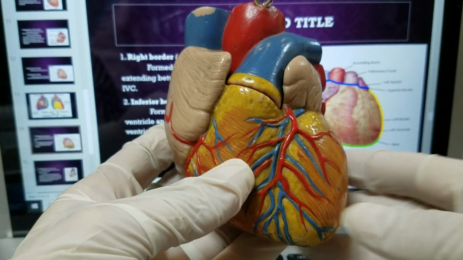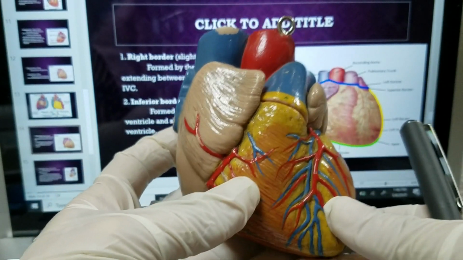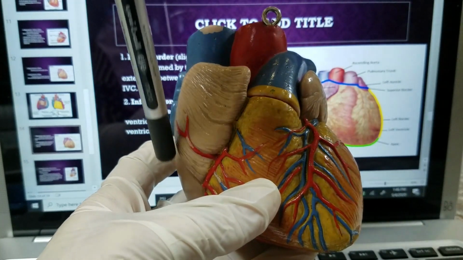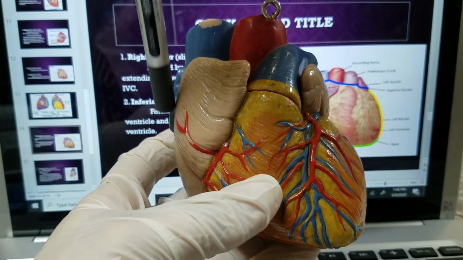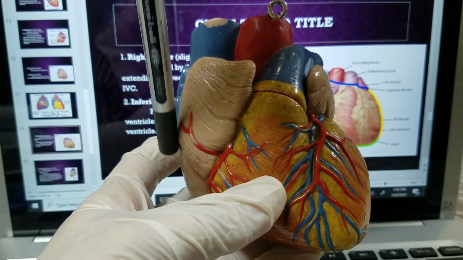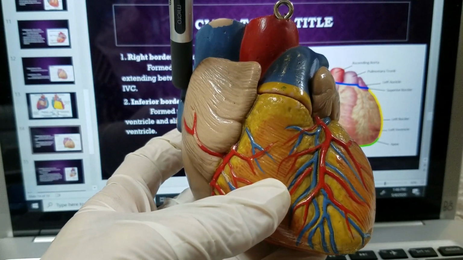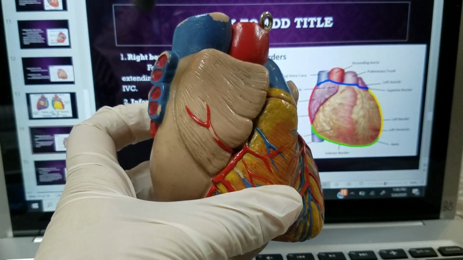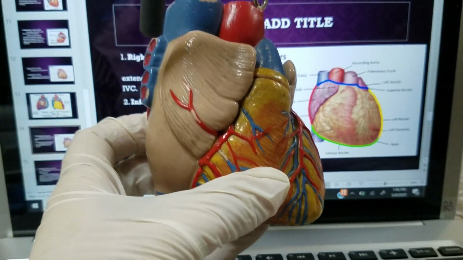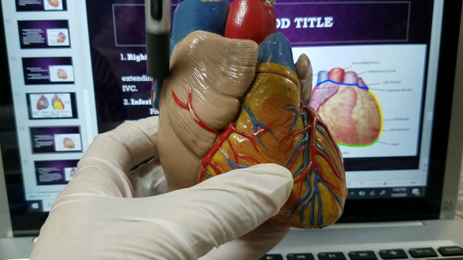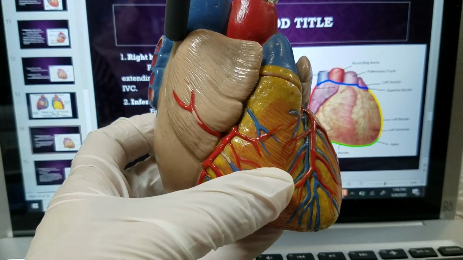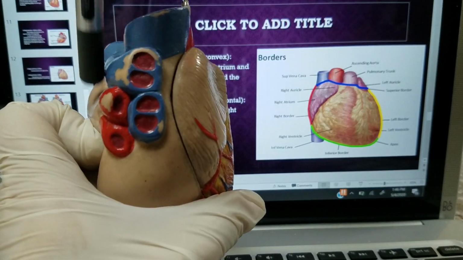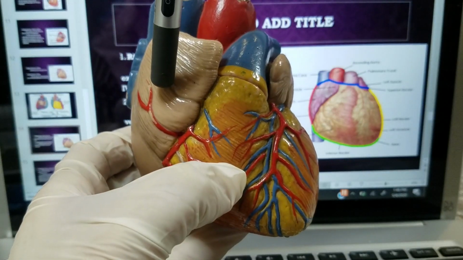Now for the borders of the heart, this is the anterior surface. If we look at this part here, this is the right border of the heart. It is slightly convex, formed mainly by the right atrium, and extends between the superior and the inferior vena cava. This is the right border. This border separates the posterior surface or the base of the heart from the anterior surface.